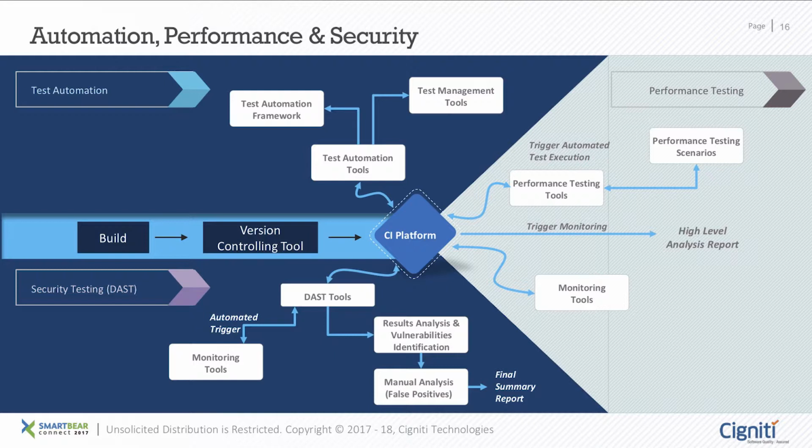And from security testing, dynamic application security testing after the static ones has to be triggered, and in a similar fashion, result analysis and manual analysis, also a manual test to be done from a dynamic aspect of it.